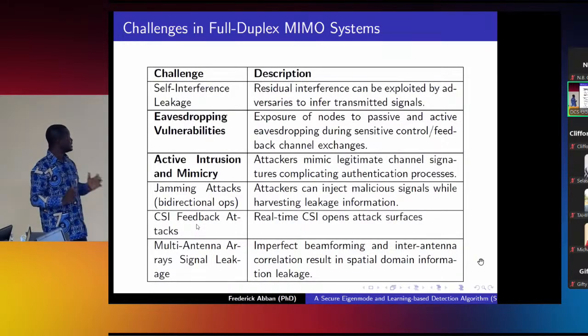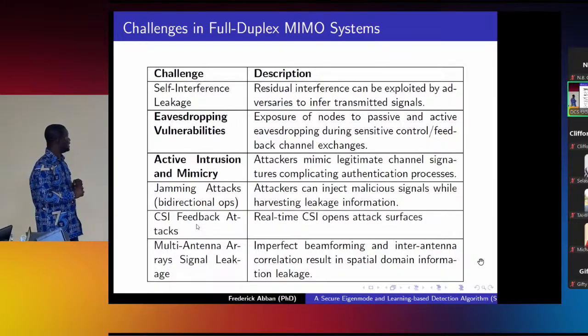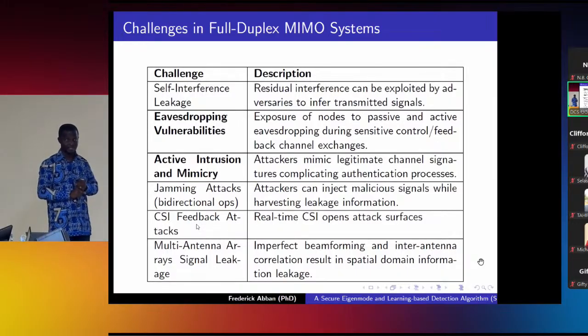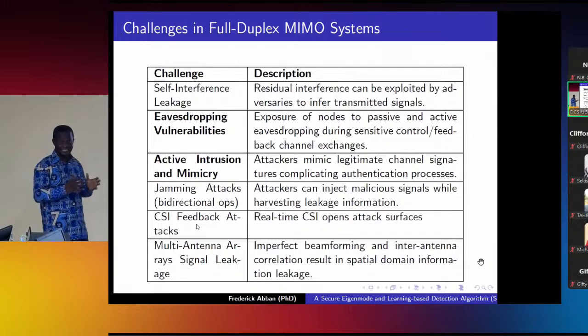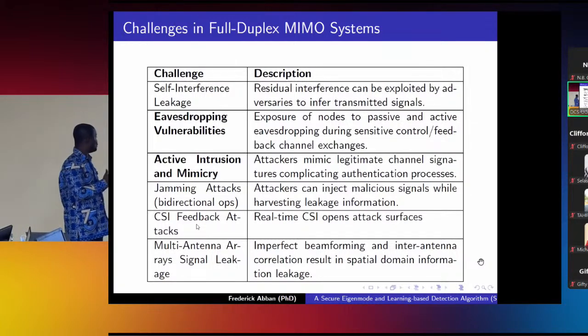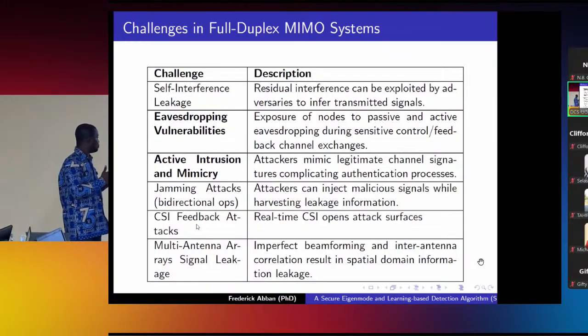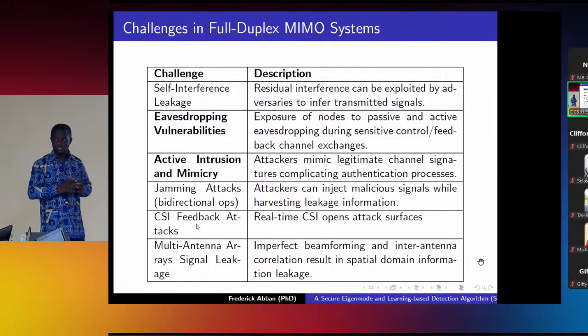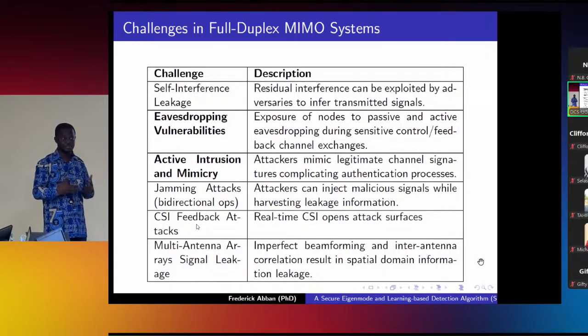These challenges include, I've already mentioned, self-interference. Then we have eavesdropping. We also have active and passive intrusions taking place in full duplex communication. Jamming attacks. We have channel state information feedback attacks. And then signal leakages from multi-antenna arrays. So these are some of the challenges that full duplex communication faces.